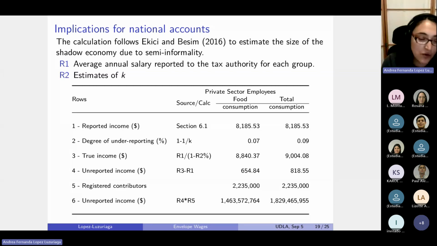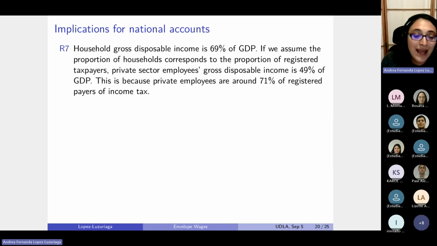We have an estimation of the registered contributors in the private sector. And then we calculate the amount of the underreported income. And then we have to say, look, okay, how big is the percentage of GDP that these households represent? We have from national accounts that 69% of GDP corresponds to household consumption, but we don't need to see all household consumption.